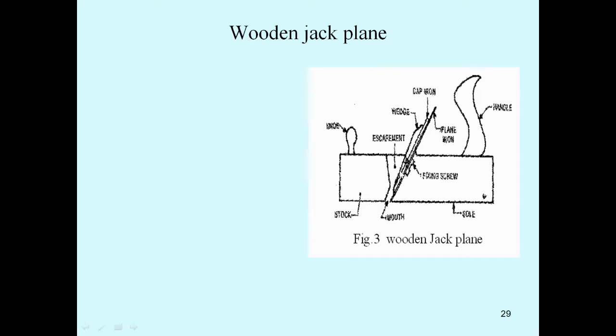And then there will be a wedge. This part is called the wedge. It is an adjustable part to adjust the blade or iron cutter. And there will be a fixing screw. We can see a few parts here.